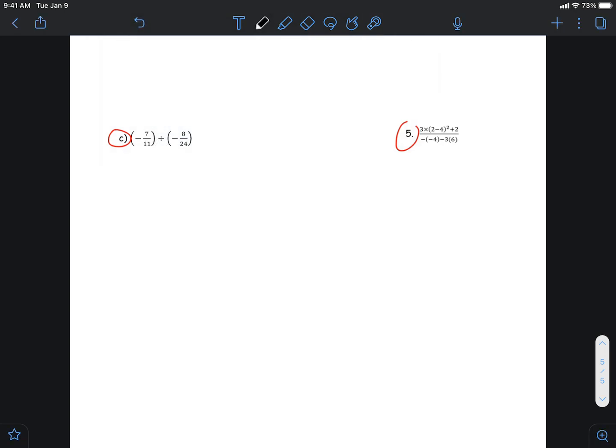The other thing you could do, okay, this little division sign, you could write it like this if you'd want, or you could just know that that needs to get flipped. Okay, we got fractions inside of fractions, and the way to untie that is going to be to multiply by the reciprocal.